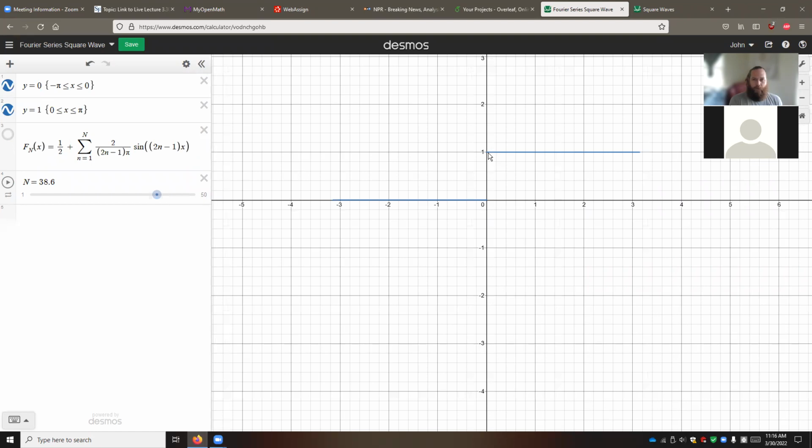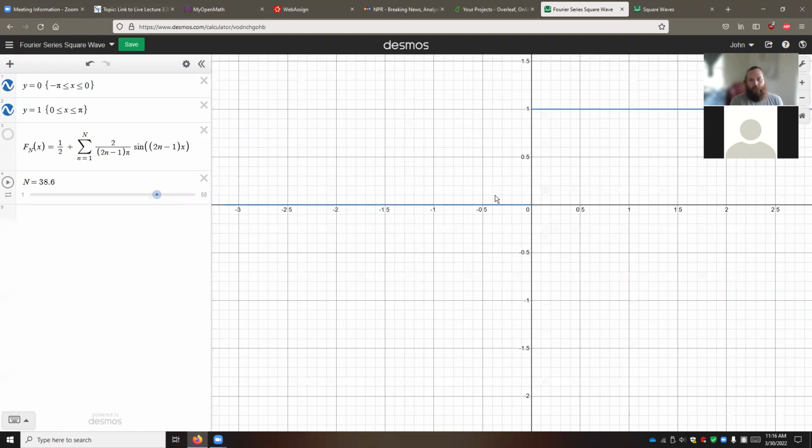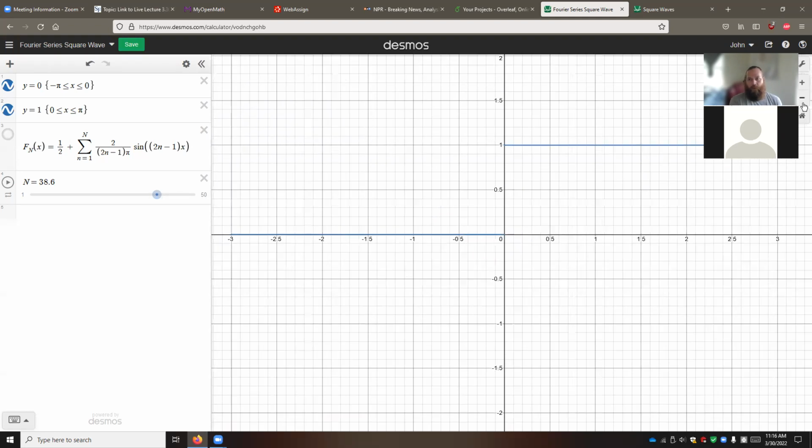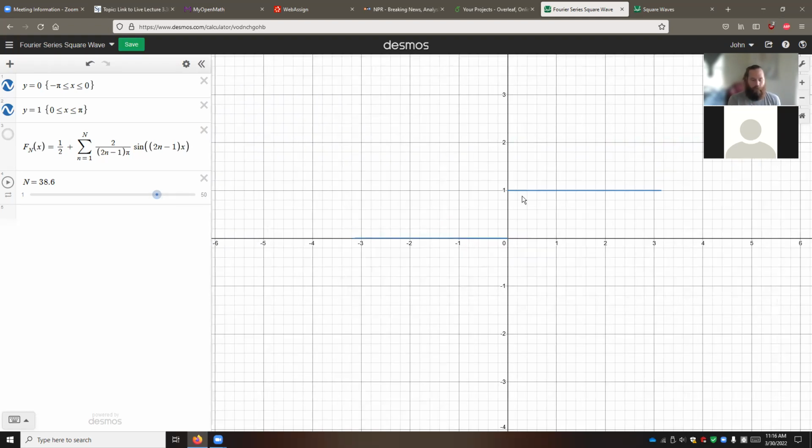I'd like to point out that you could not find a power series for this. There is no power series for this function because remember, power series are infinitely differentiable. The requirement is that f have derivatives of all order in order to find a power series for that function. This function has a jump discontinuity here at 0. So there is no way to find a power series for this function.